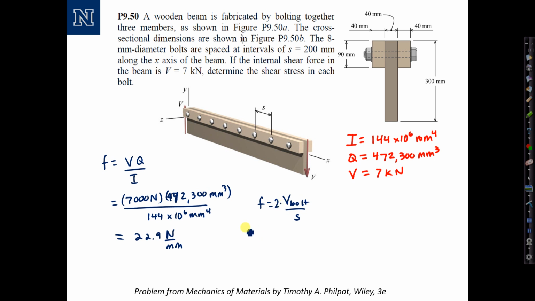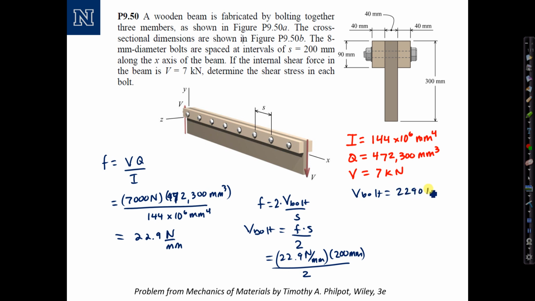So we can solve for V bolt as F times S divided by 2, which is equal to 22.9 newtons per millimeter times the spacing of 200 millimeters divided by 2. That computes to V bolt equals 2290 newtons. That's going to be the force across each bolt.